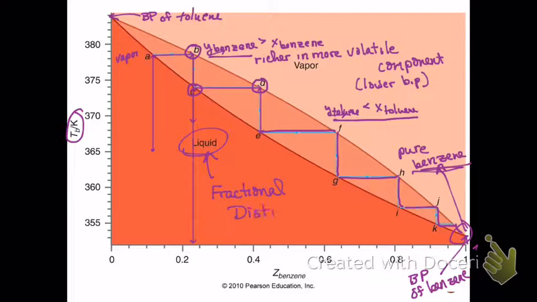And of course, this is known as fractional distillation. This is exactly what happens. You boil it, you condense it, you boil it, you condense it, you boil it, condense it, until what you end up with coming off the distillation column is the pure substance, and the substance that we're going to get that's purified is the one that has the lower boiling point, that's more volatile.